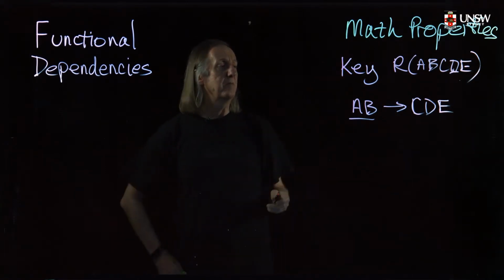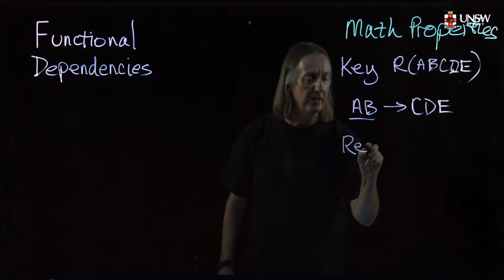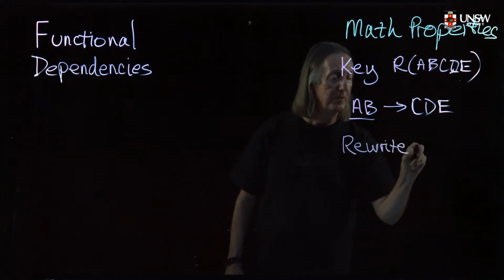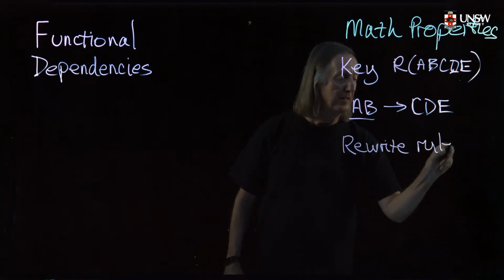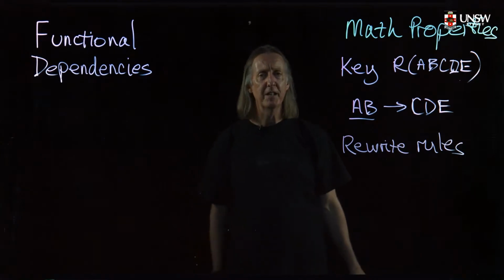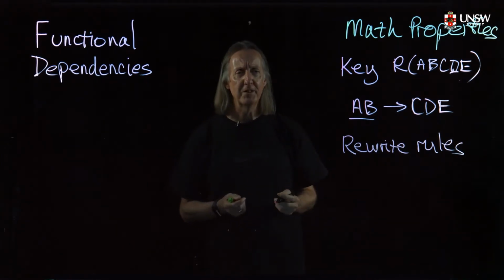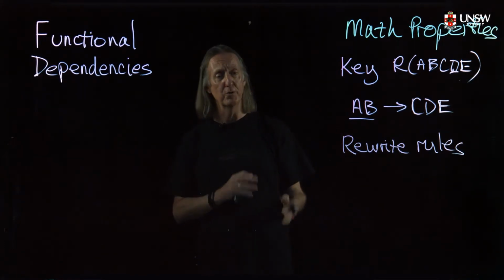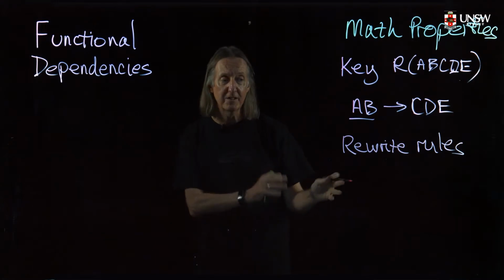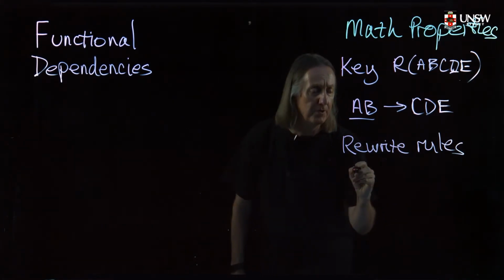Another interesting mathematical property of functional dependencies is that we can define a collection of rewrite rules, so that when we want to talk about whether some set of functional dependencies is equivalent to another set of functional dependencies, we can transform the set of functional dependencies using these rules, and if we can transform it from one state into a different state that's equivalent to the one we're looking for, then we'd know that the two things are equivalent.